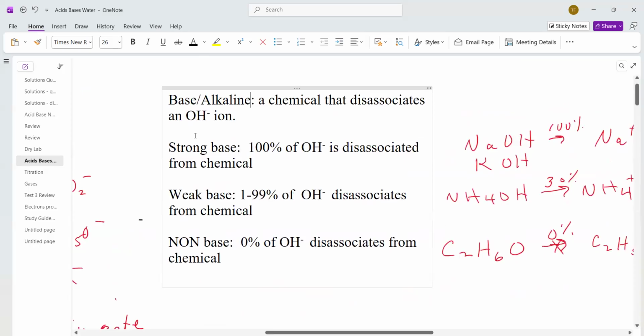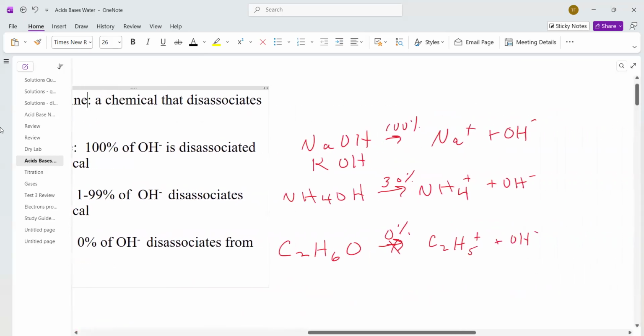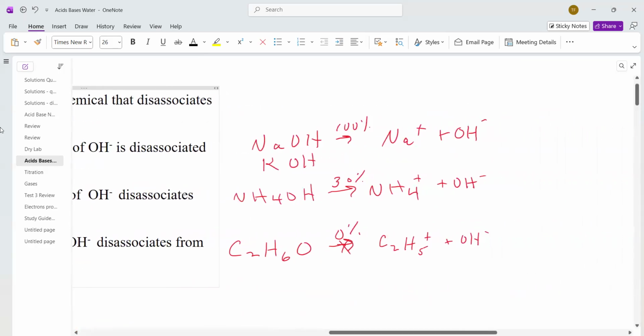So, for example, strong base. Sodium hydroxide and potassium hydroxide are the most common strong bases. Sodium hydroxide is called lye. You've all probably heard of lye before. Lye is very, very strong, very corrosive.